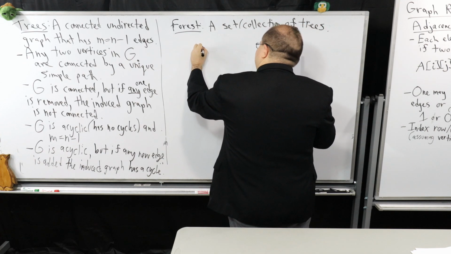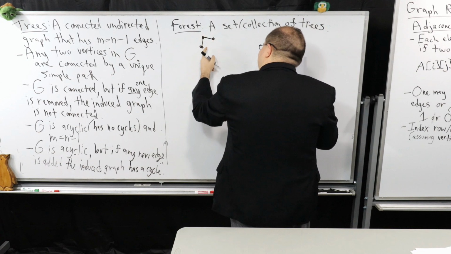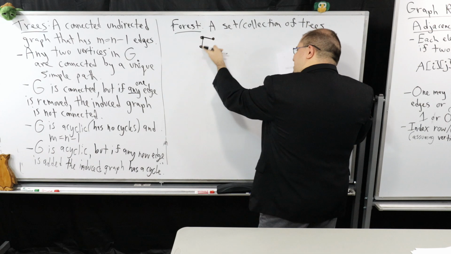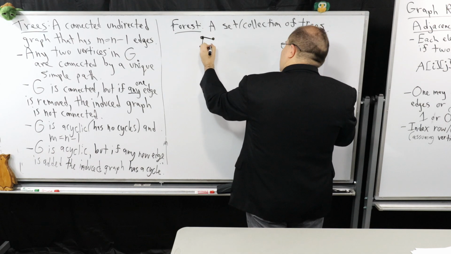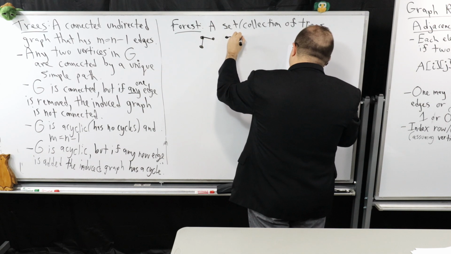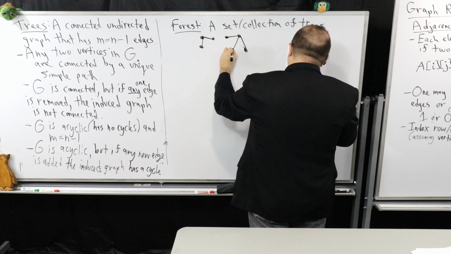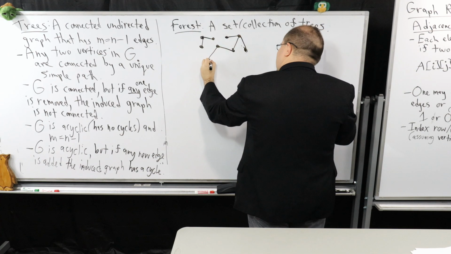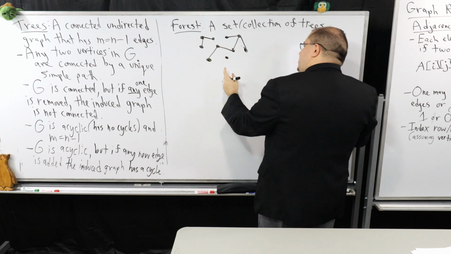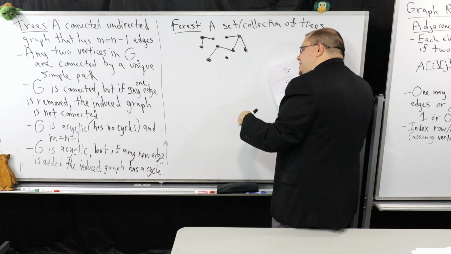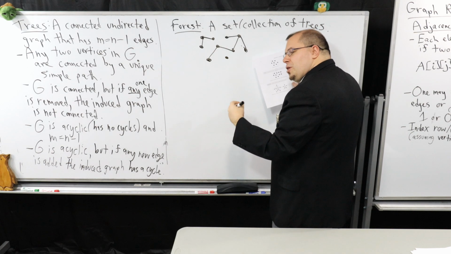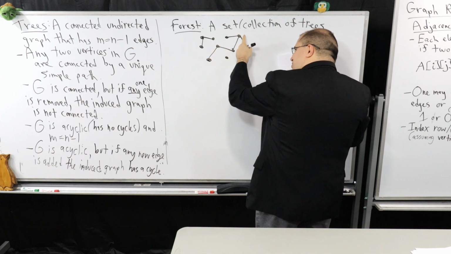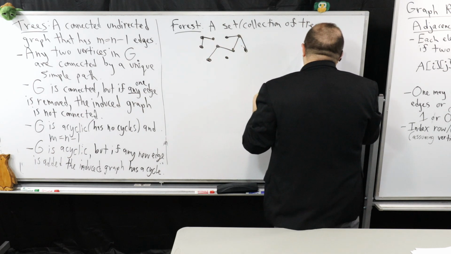So for example, if I were to draw this, that's a tree. This is a tree. Notice now I have technically 3 trees here. Just one node or vertex, then I have this tree right here, and then I have another tree.